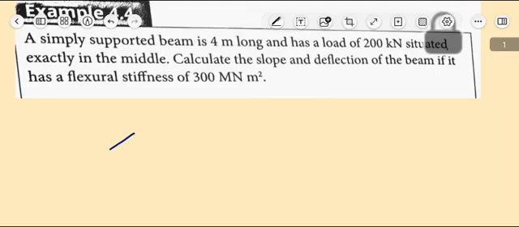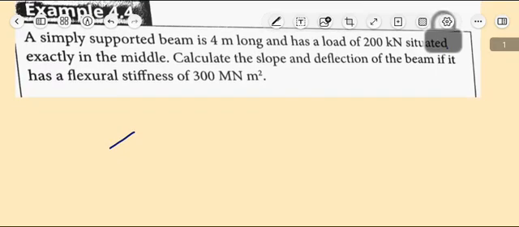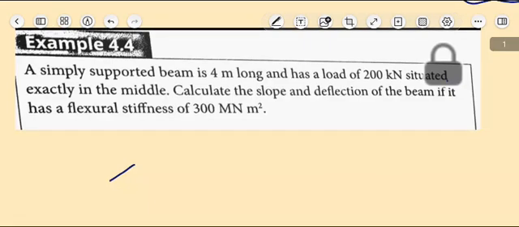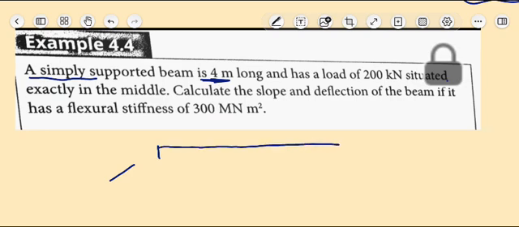Now we have this example, which is in your textbook, example 4.4. We are given a simply supported beam which is 4 meters long, from there to there.